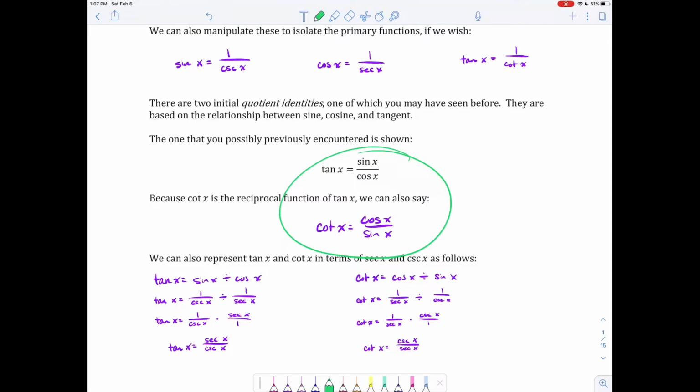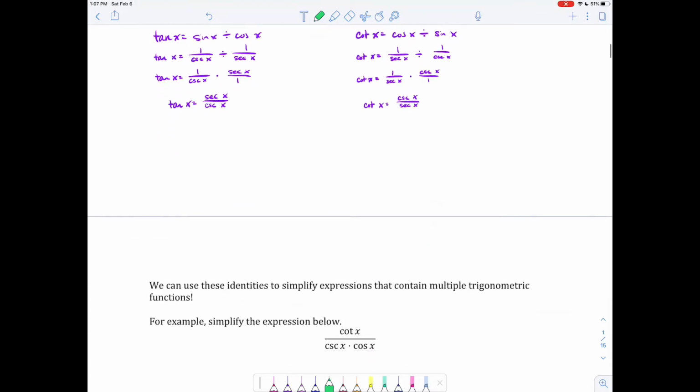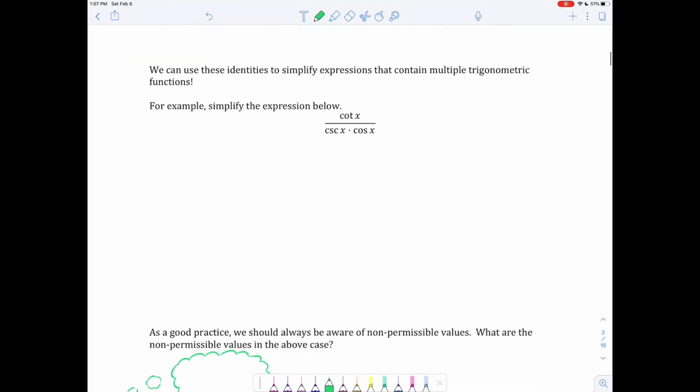Because we have these identities, these other ways of expressing trig expressions, we can simplify particular trig expressions that use these. So we could simplify something that looks like this. It looks a little gnarly. Let's see what happens if we manipulate things a bit. There's a number of ways to play with this.